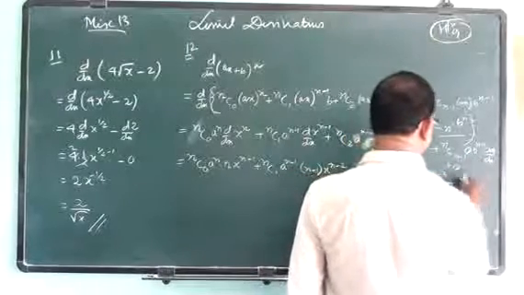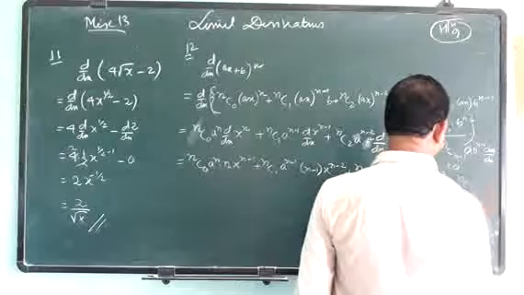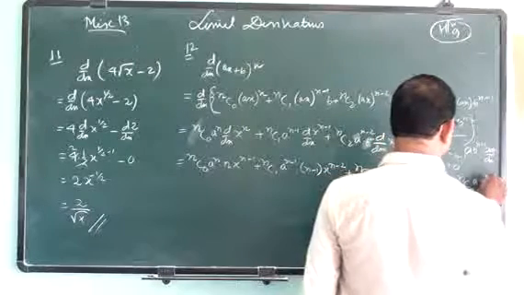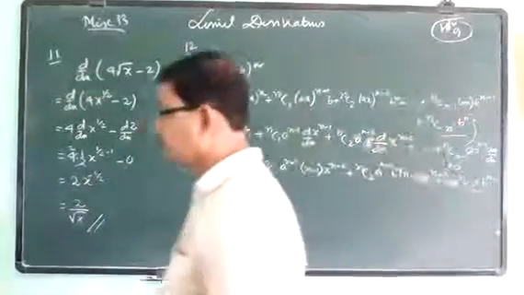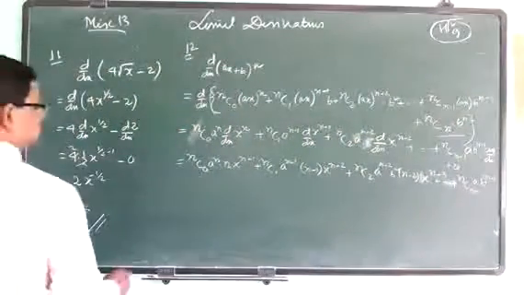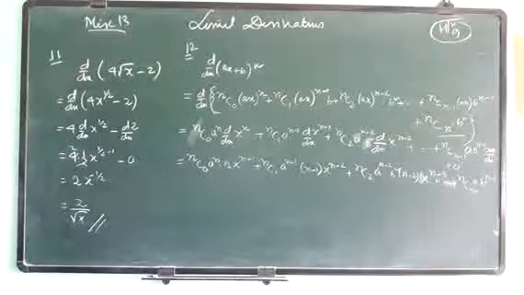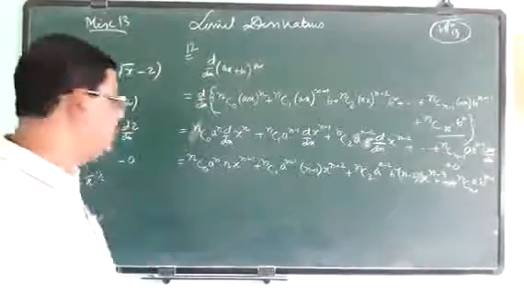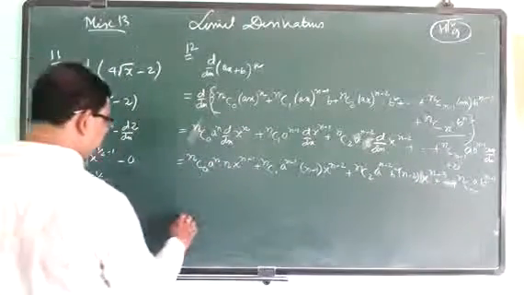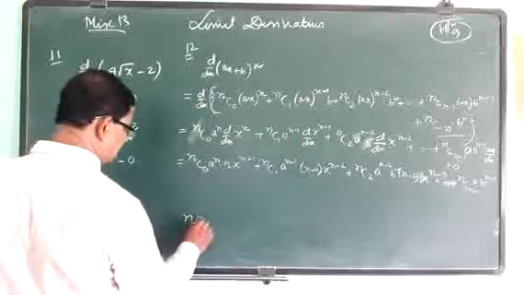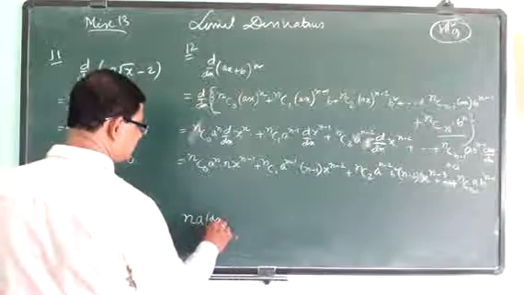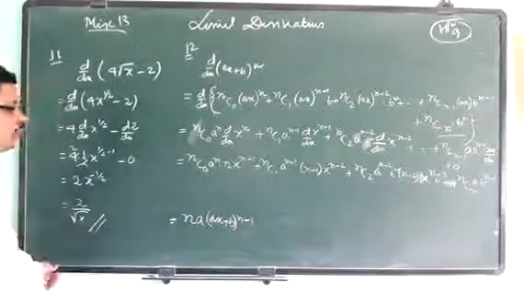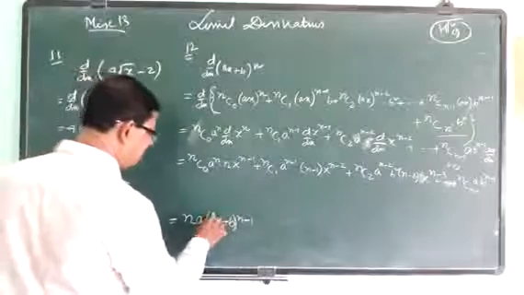We are using the formula, and the final term here will be nC(n minus 1) a b to the power n minus 1. So we are getting this. If we merge, its ultimate value will be n (ax plus b) to the power n minus 1.